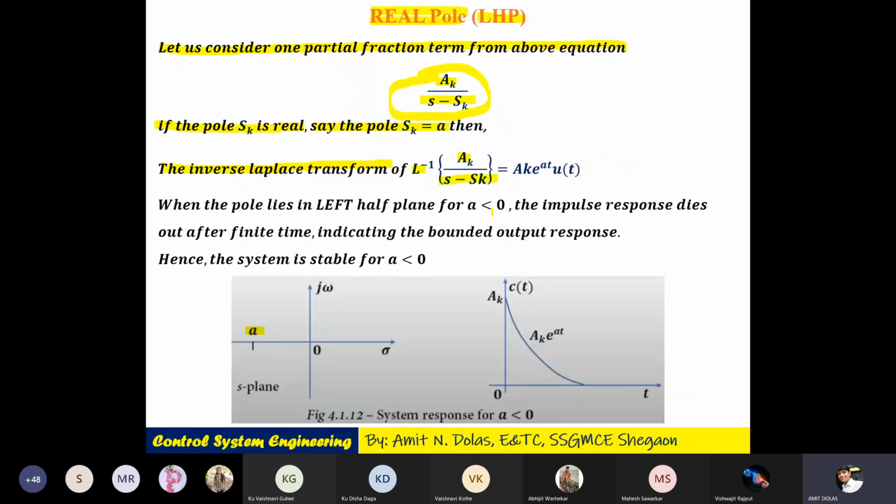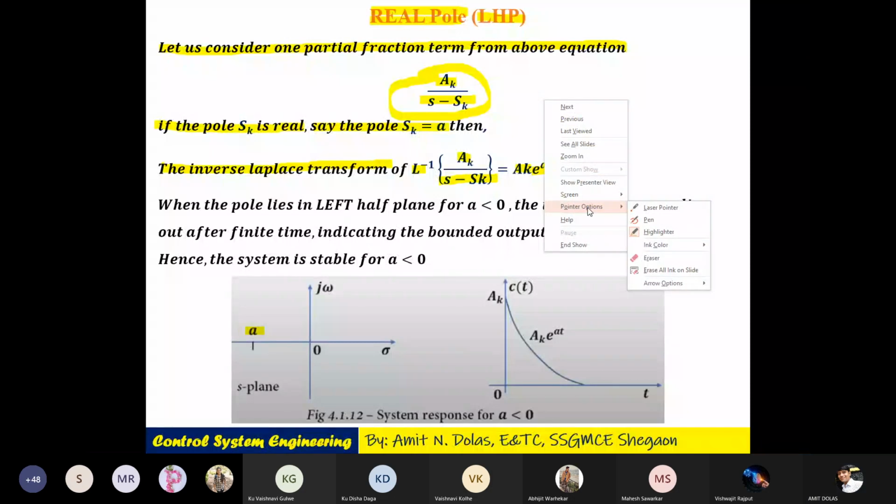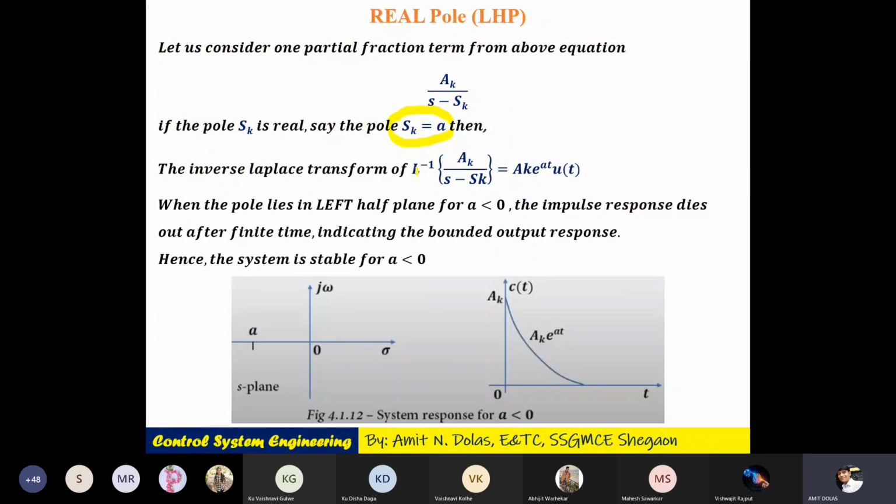So it is completely dependent on the position of sk, whether it is in the left hand side or right hand side. Of course, if it is less than 0, it will be in the left hand side of the plane. If it is greater than 0, it will be in the right hand side of the plane. So we'll consider one of the conditions.